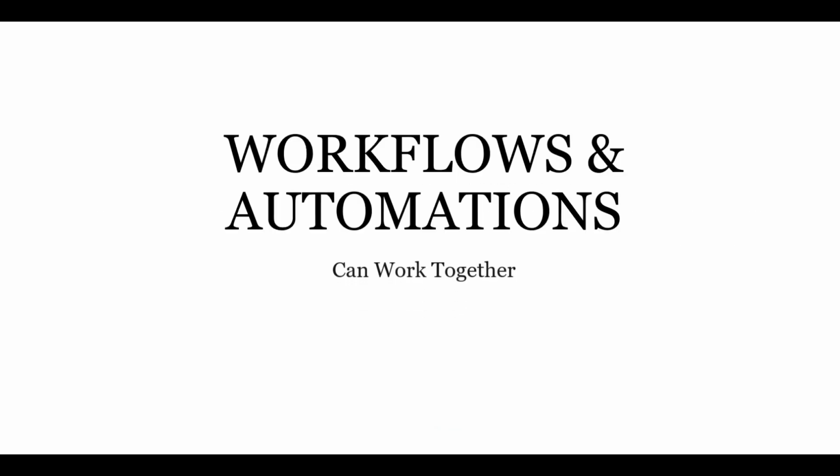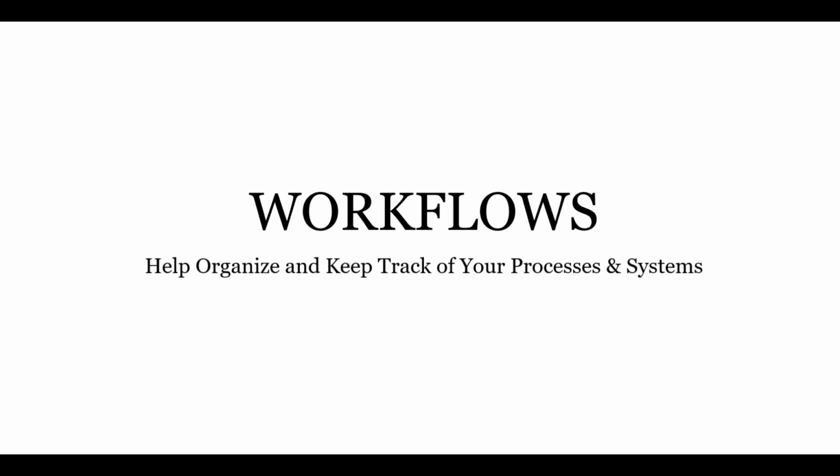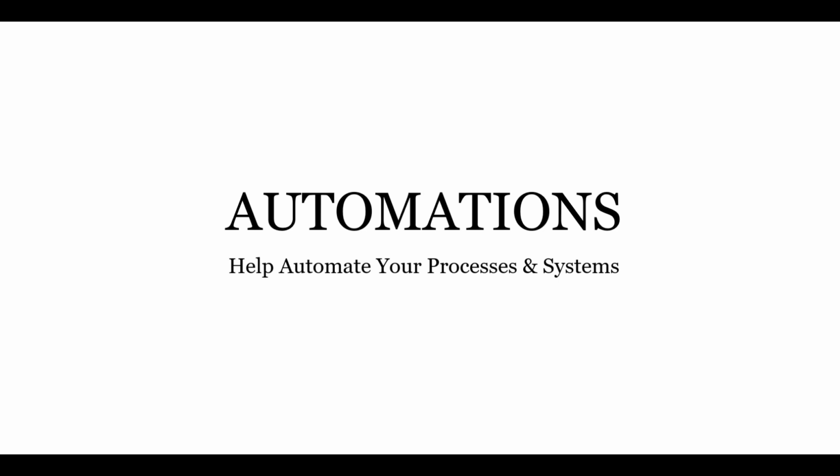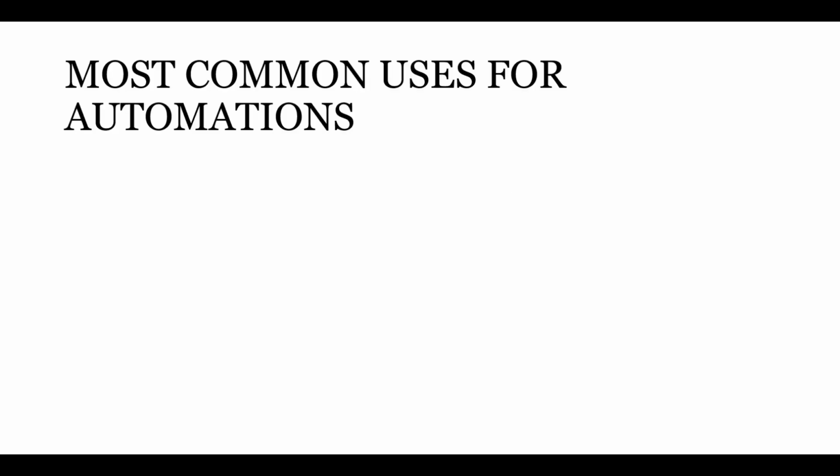So workflows and automations, they can work together or they can be used independently. Workflow is just going to help you organize and keep track of your processes and systems. And automations are, of course, going to help automate your processes and systems.